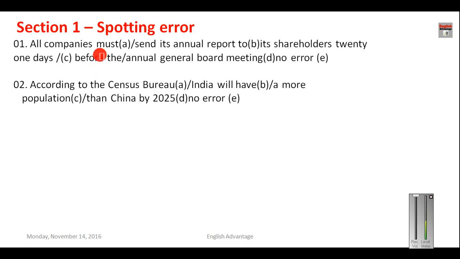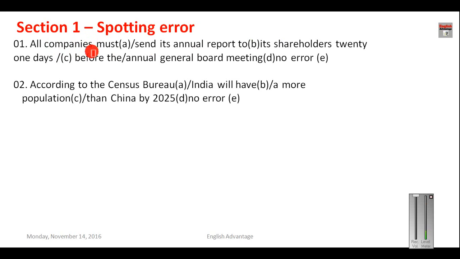Okay, now let me tell you the answer of this question. In this question you can see this word its. Okay, now this its will not come with this all companies. So in place of its you must write here there, but if you write here there it will create another problem, because its is also having here. Okay, so the best option is you can change this all companies in a company.